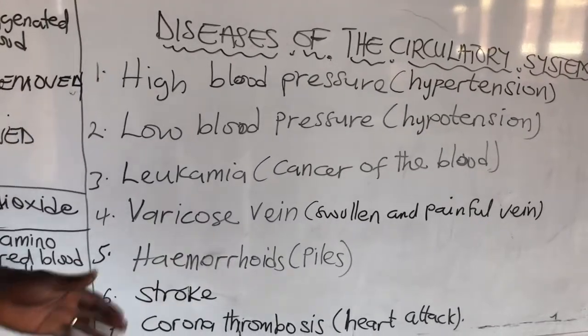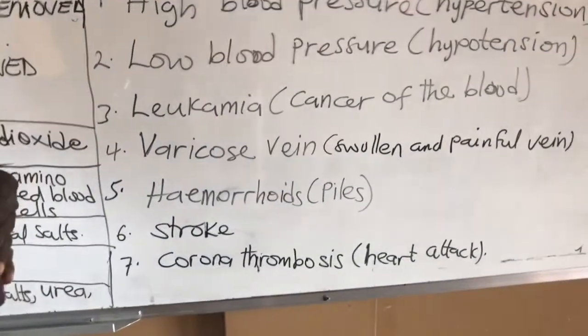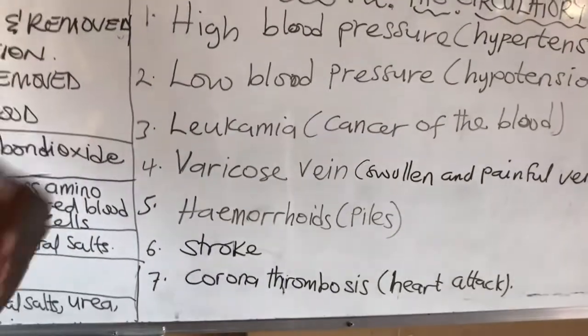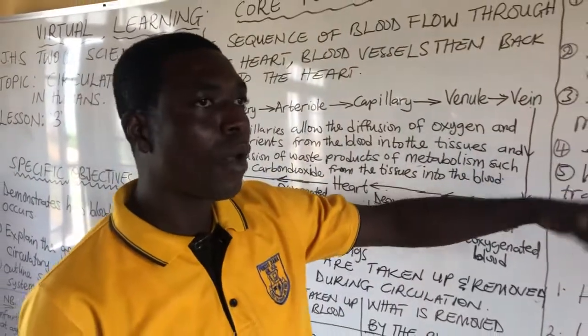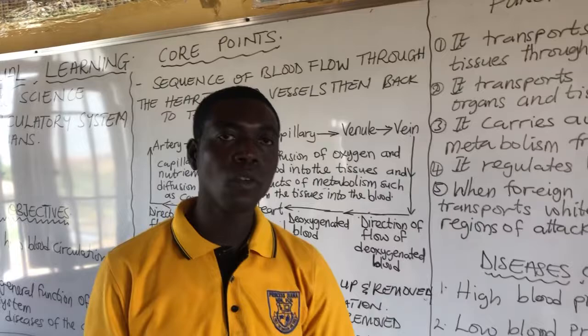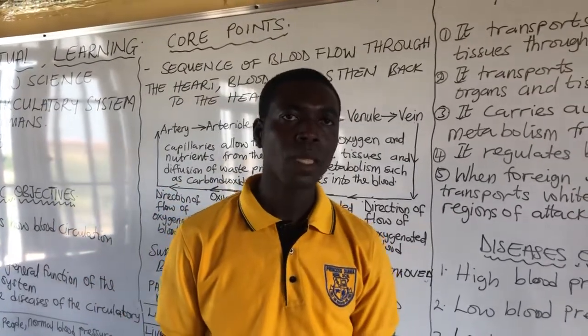We also have stroke. Stroke is a situation whereby parts of the body, the cells become weak or dead, and they cannot function. For example, you see somebody raise the hand like this, it cannot hang like this, the hand will drop. That is an example of someone suffering from stroke.